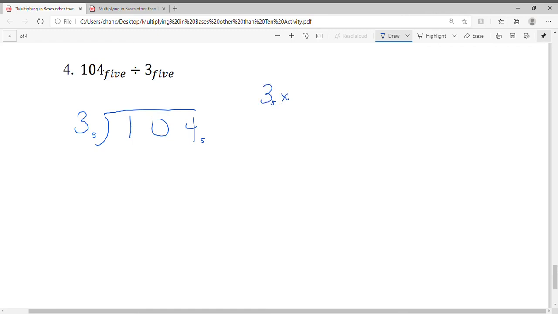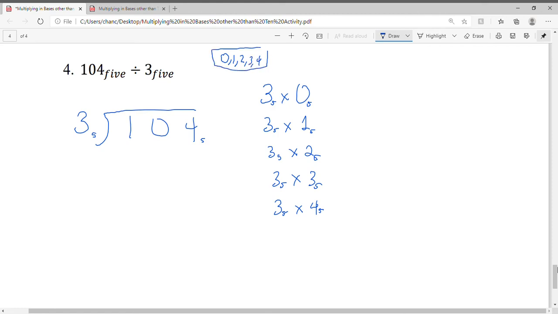I'm going to multiply 3 times 0, 3 times 1, 3 times 2, 3 times 3, and 3 times 4. Remember, we're talking base 5, so the only symbols are 0, 1, 2, 3, 4. There are no other symbols. So we'll have to stop here.